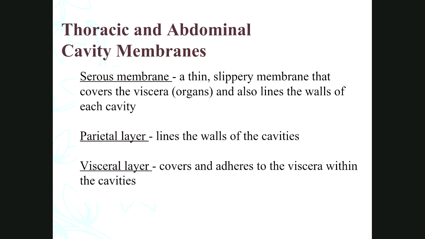Other terms we have to know is these thoracic and abdominal organs have layers. The parietal layer is a serous membrane that lines the walls of the cavities, where a visceral layer is a serous membrane that covers and adheres to the viscera or the organs.